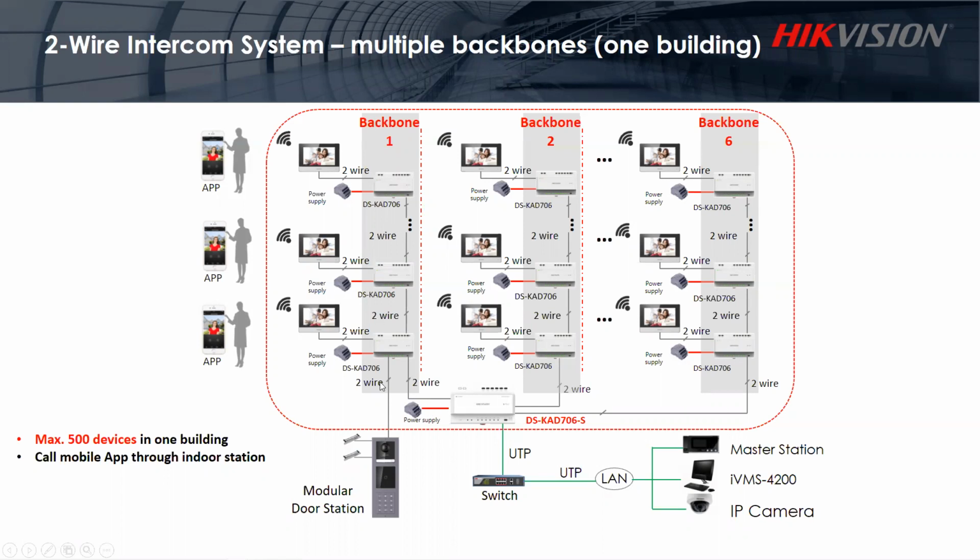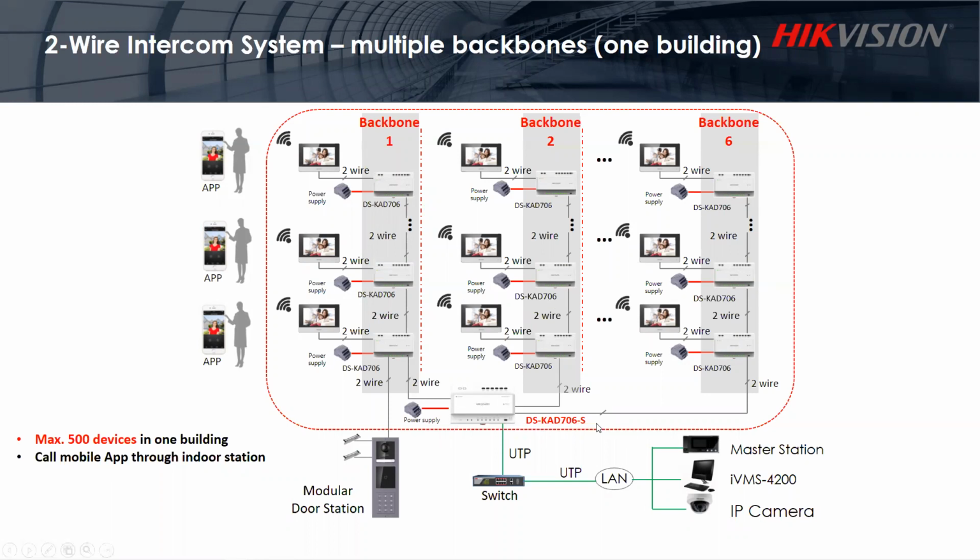And from each backbone, we're gonna connect them together to another unit here, which is called DS-CAT706-S. The difference between this one and the main distributor is that this one will act as a non-PoE switch. It looks like a non-PoE switch.